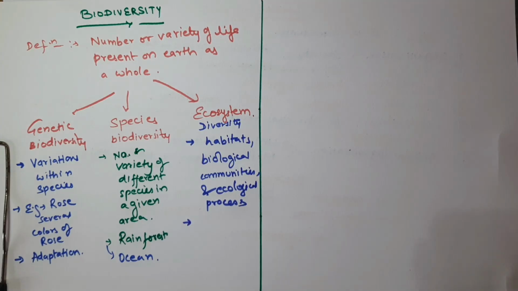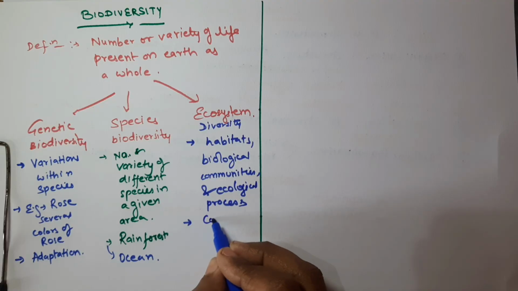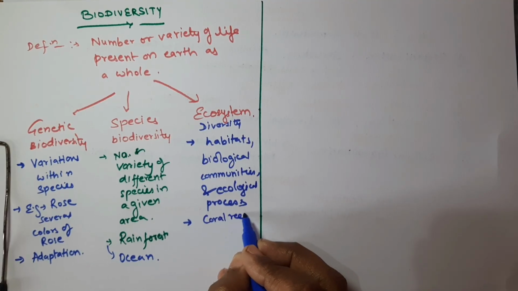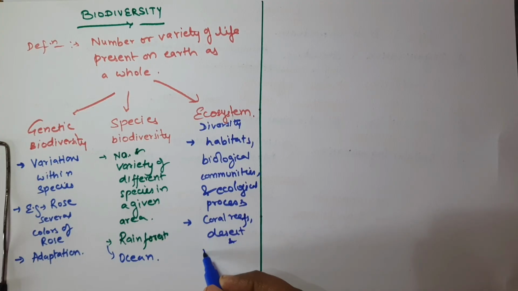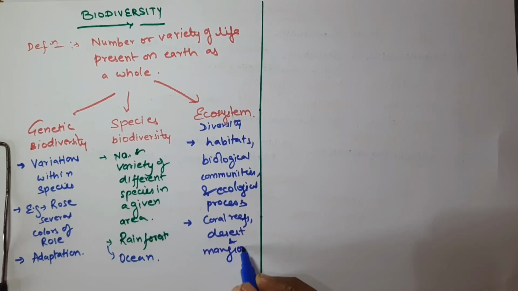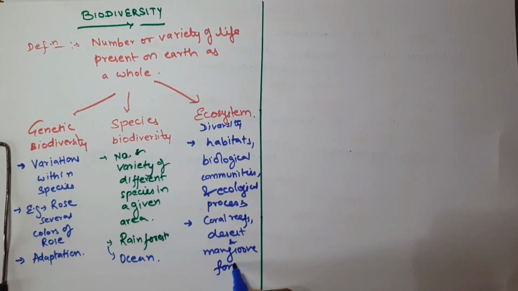If you want an example of ecosystem diversity, we can observe that there is a huge difference between coral reefs, deserts, and the mangrove forest.